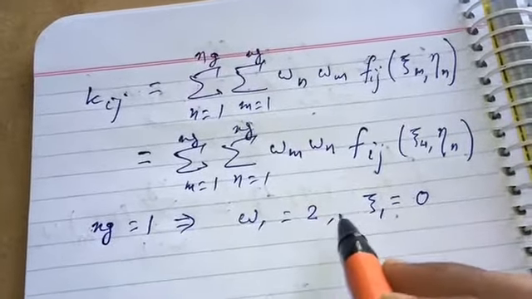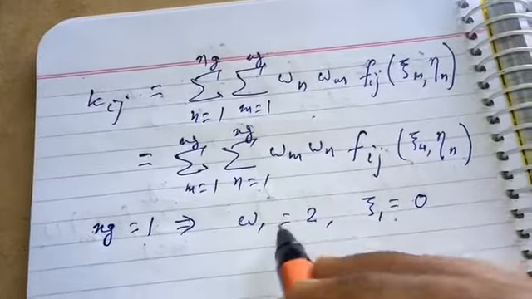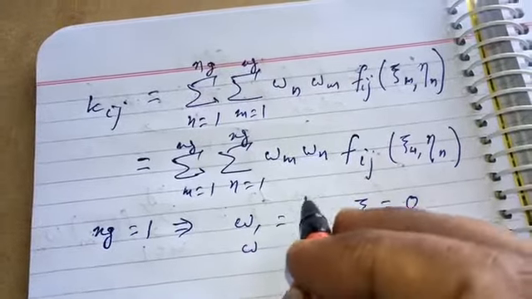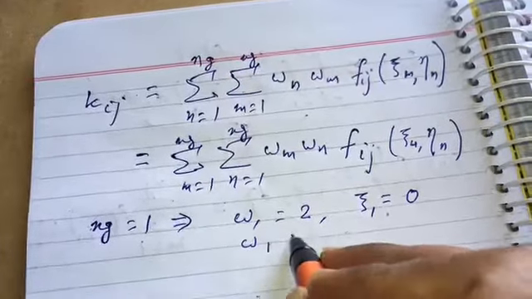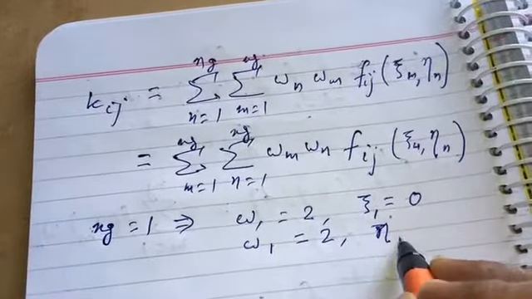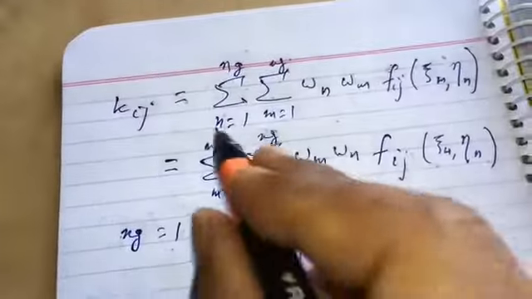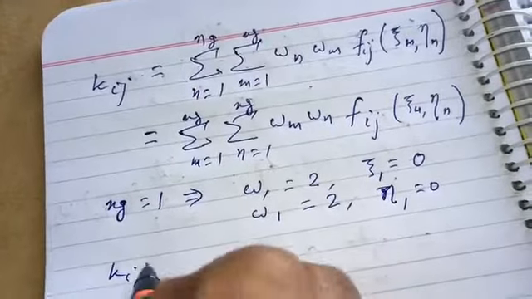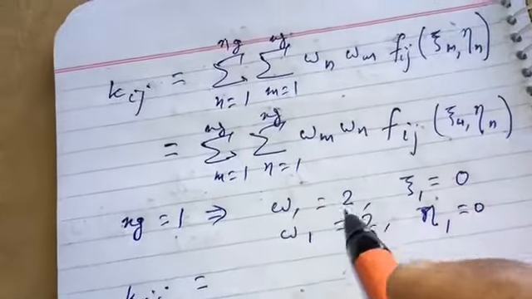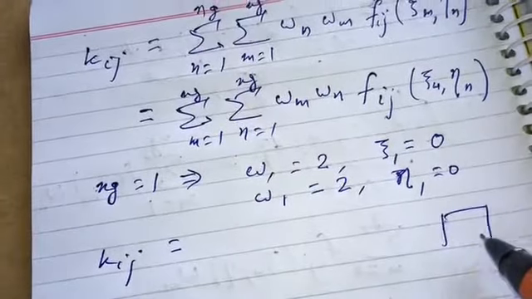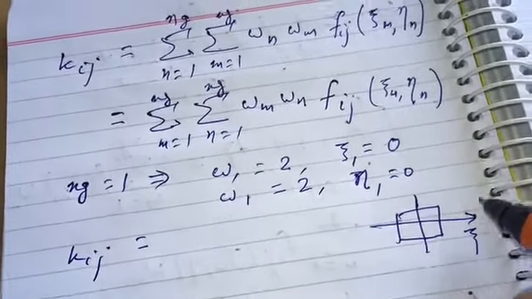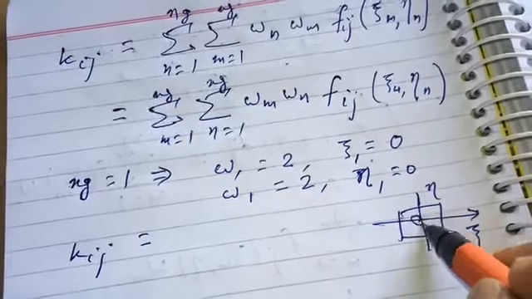So, this is in one dimension, in the direction of xi, and in the second direction also w_1 is equal to 2, and eta_1 is equal to 0, meaning that in that case k_ij will be given as a sum, which will be just once because there will be only one point.